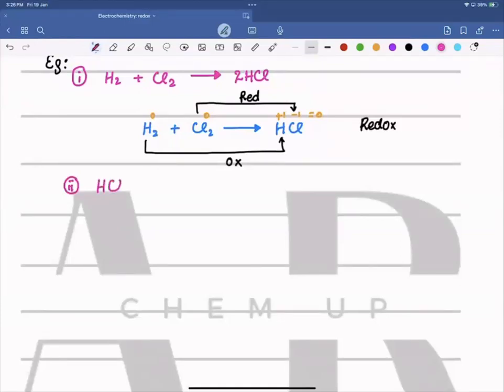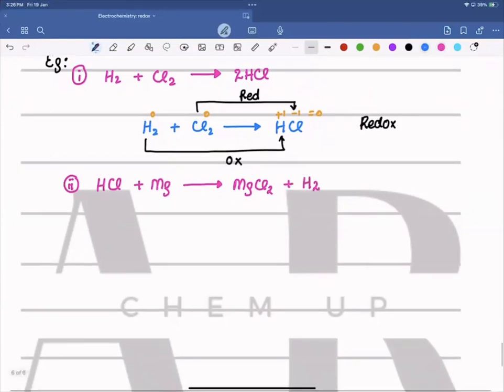In this equation, hydrochloric acid is reacting with the metal magnesium, and we will get the salt and hydrogen. So if we work on this equation, let's do the work quickly. HCl plus Mg gives magnesium chloride plus hydrogen.